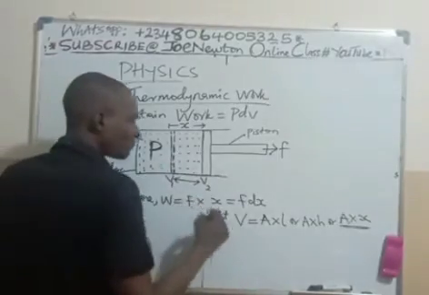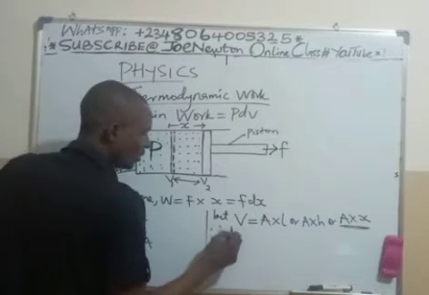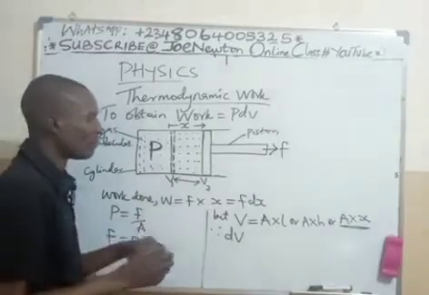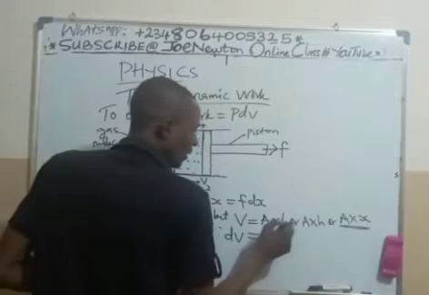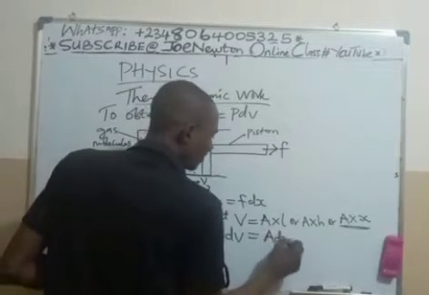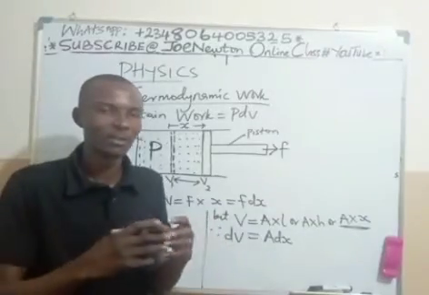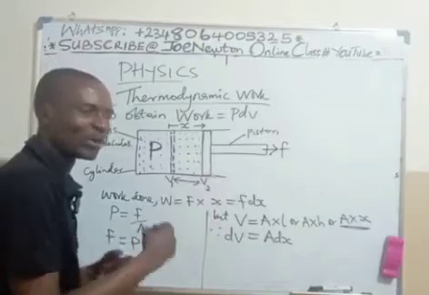So if we now talk about the change in volume from V1 to V2 during the expansion, it will be equal to A dx. That is area times change in what? Distance or displacement during the expansion or compression.